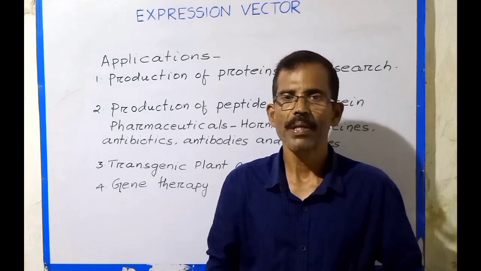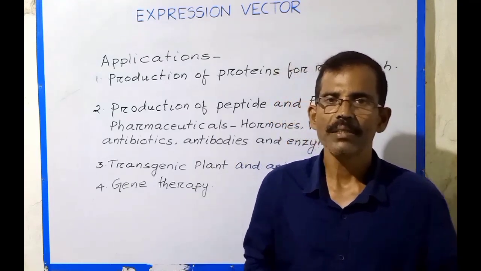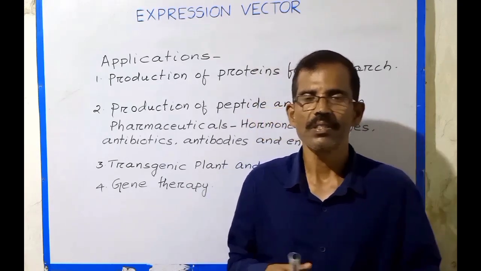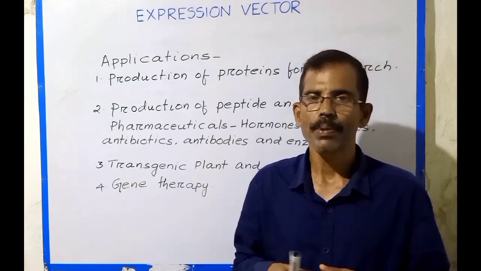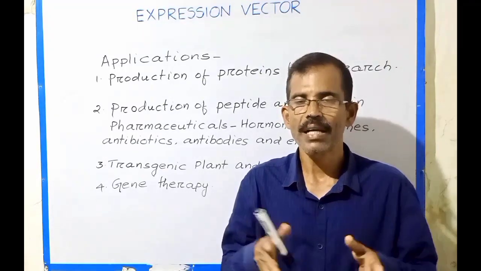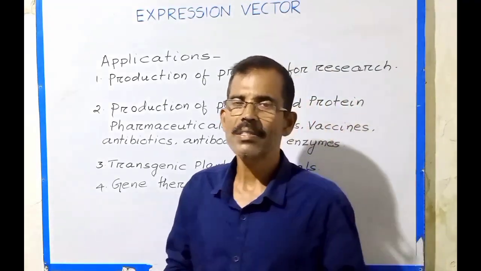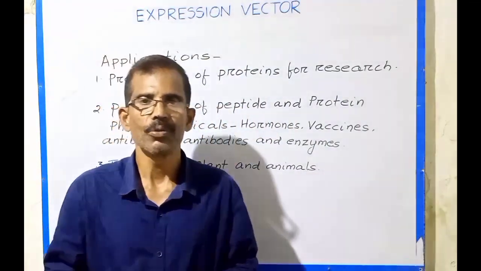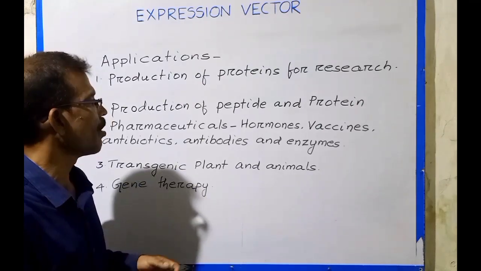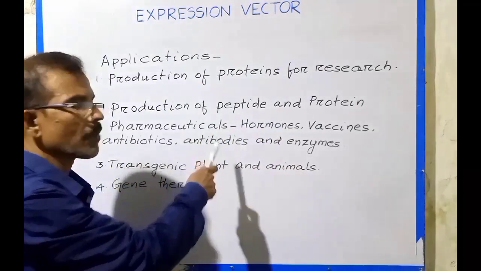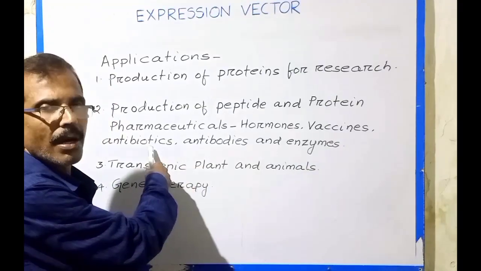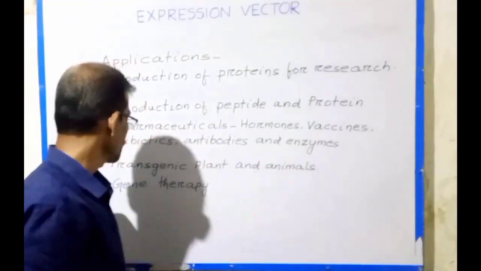Applications of expression vectors. Expression vectors in a suitable host are used to produce proteins for research. Most of the proteins are produced in E. coli, but for glycoproteins and those with disulfide bonds, baculovirus and mammalian systems are used. Expression vectors are also used for the production of peptide and protein pharmaceuticals such as hormones, vaccines, antibiotics, antibodies, and enzymes.